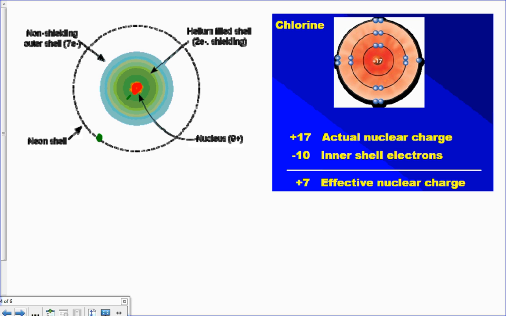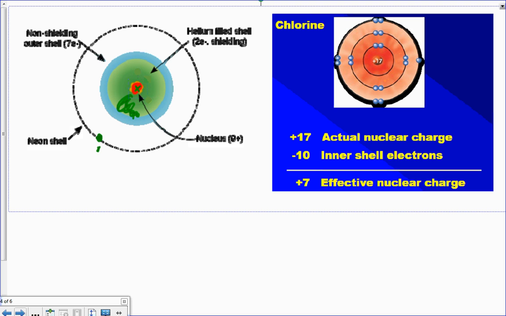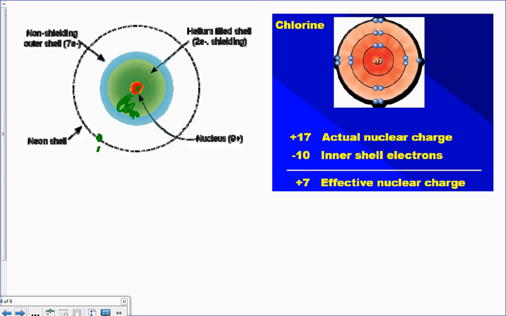This middle piece is all full of electrons. Well, this electron out here and this positive in the middle, there's this interference, if you will, of electrons, a buffer, that makes it so the positive charge in the middle is not as great on this negative charge out here, because it's kind of convoluted, if you will.